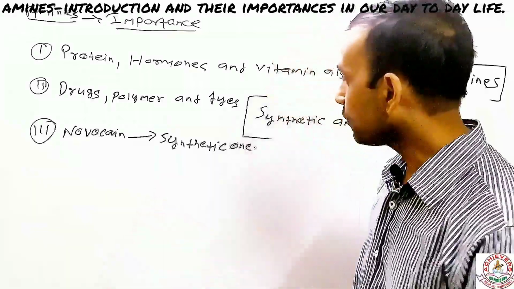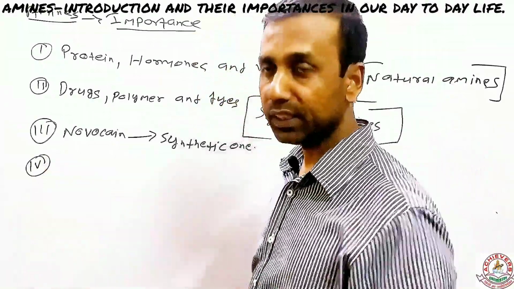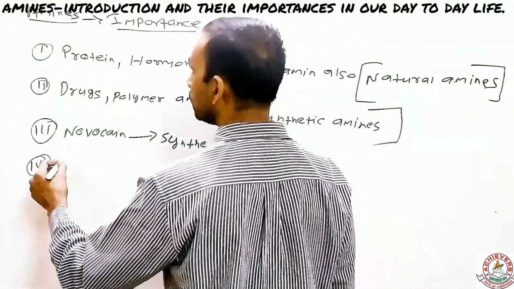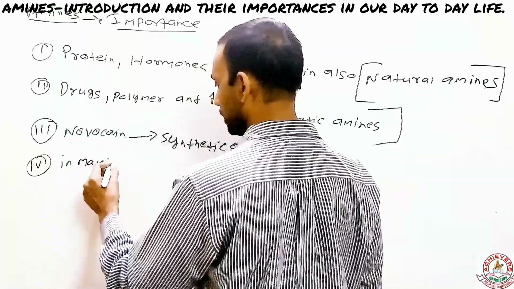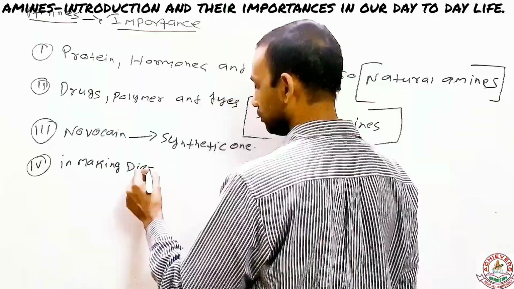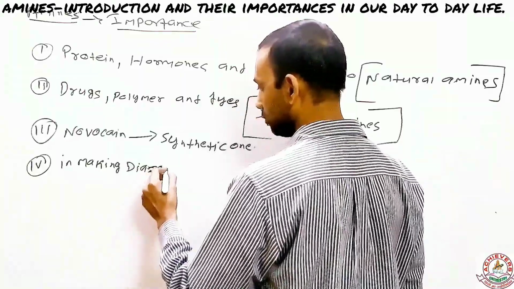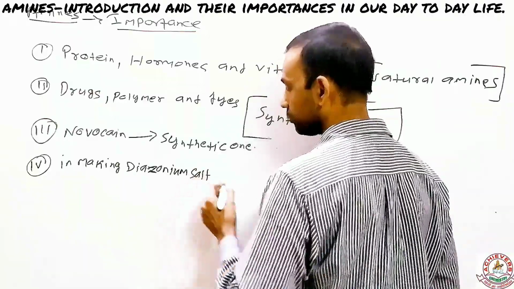Okay. Now, apart from that, an important compound that's also going to be a part of this chapter in the end is in making diazonium salt.